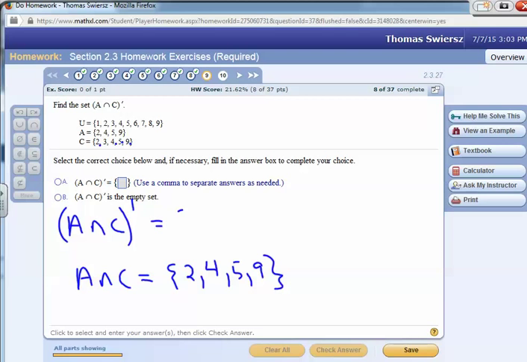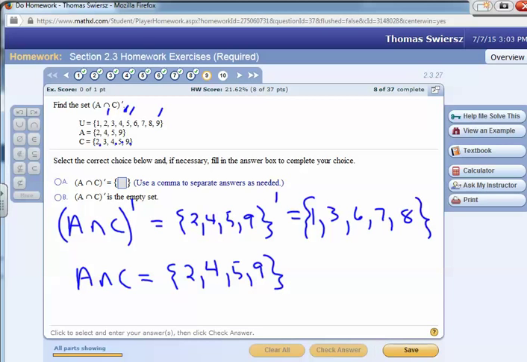Now, 2, 4, 5, 9 is A intersects C, but we're going to take the complement of that, right? So we're going to take away 2, 4, 5, and 9 from the universal, and we're going to be left with 1, 3, 6, 7, and 8.